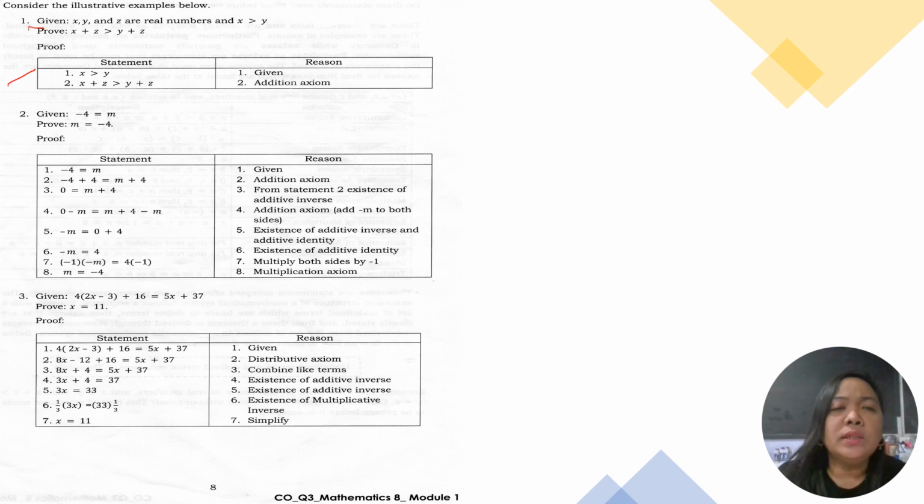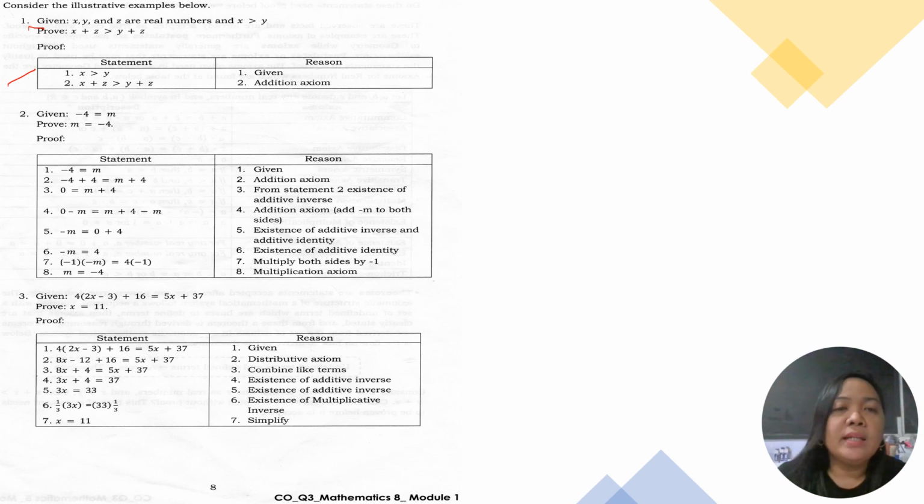So the first statement should be x is greater than y. Statement number 1, x is greater than y. What is our valid reason? Our valid reason is it is from the given.